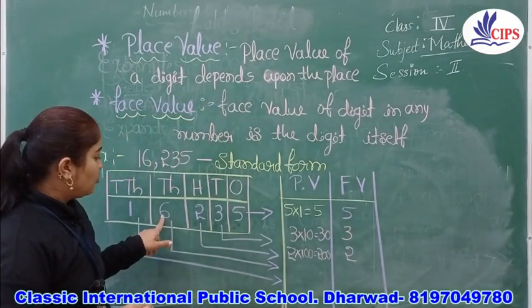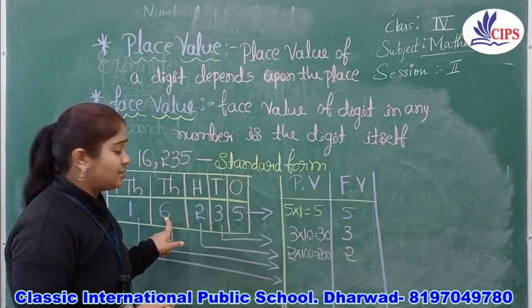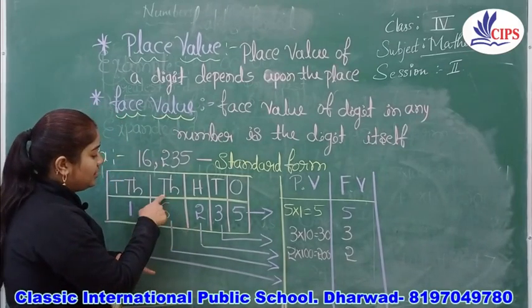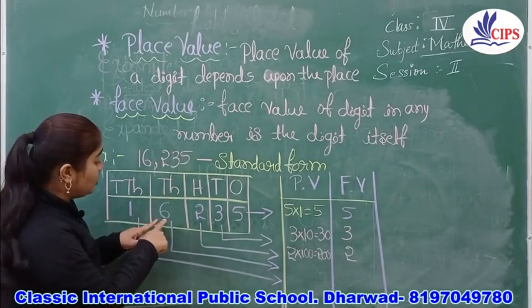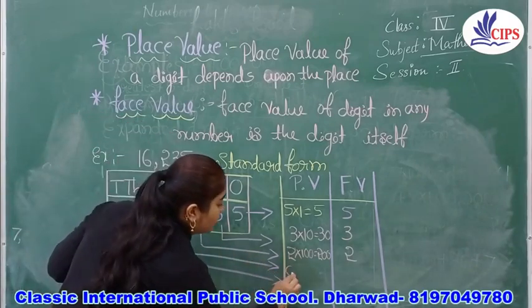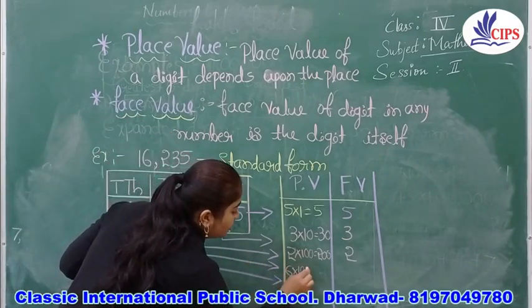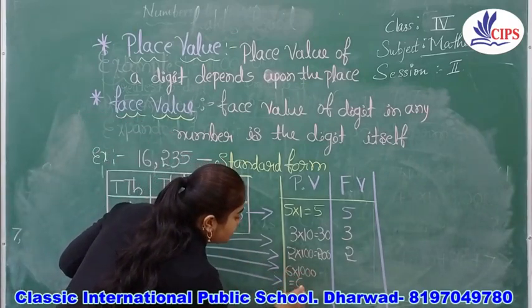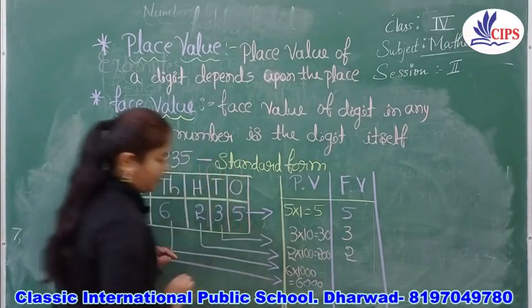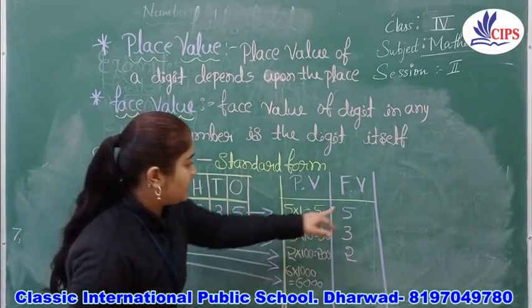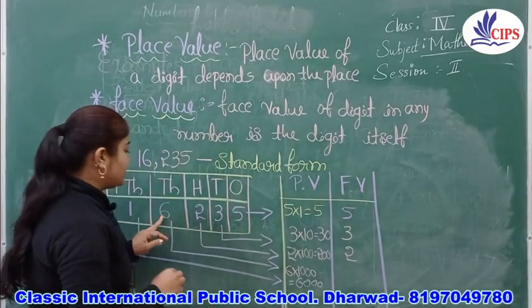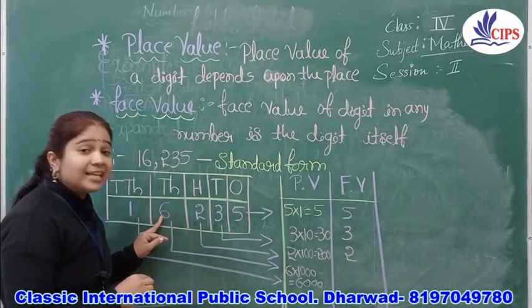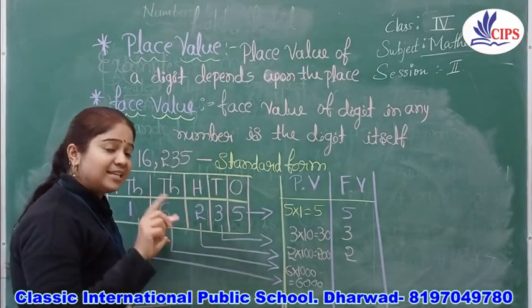Next, 6. What is the place value of 6? It is in the 1,000 place, so 6 into 1,000 comes to 6,000. Understood? Next, the face value of 6 is 6 only.